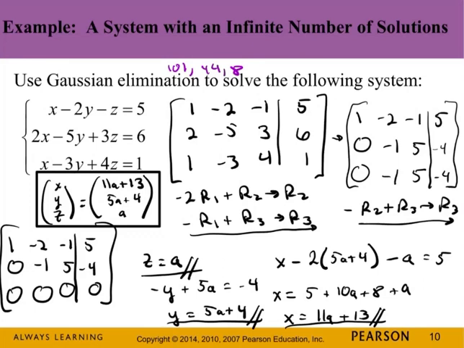Okay. Hey, Google, what's 101 minus 2 times 44 minus 8? 101 minus 2 times 44 minus 8 is 5. Okay. Hey, Google, what's 2 times 101 minus 5 times 44 plus 3 times 8?